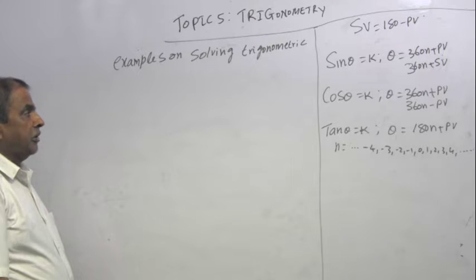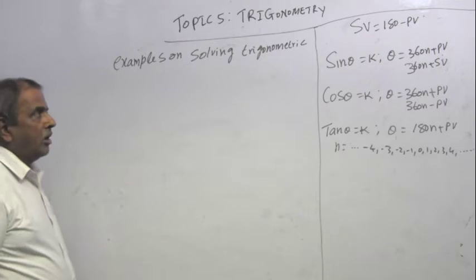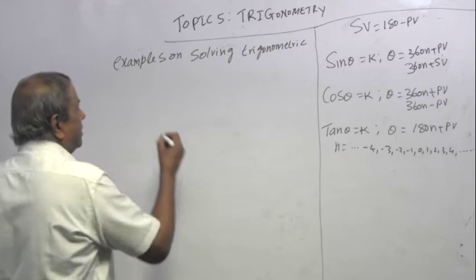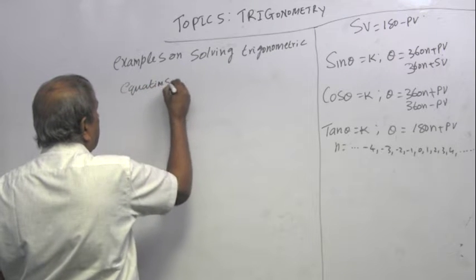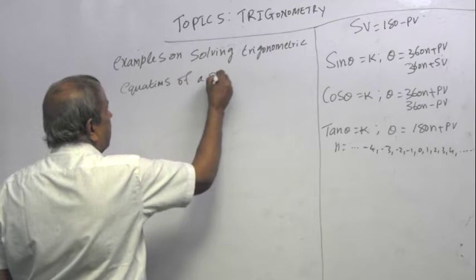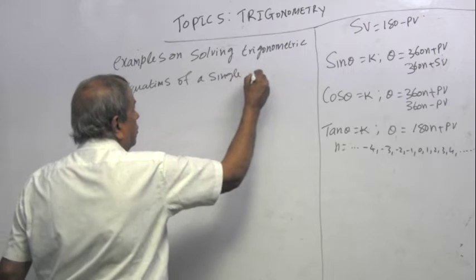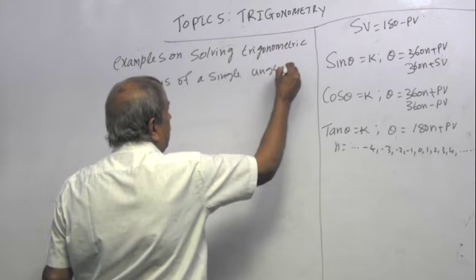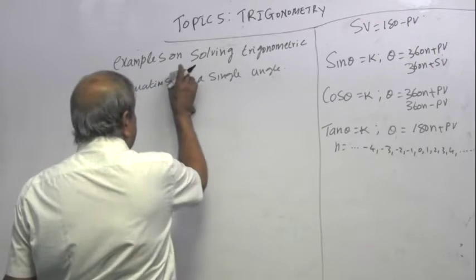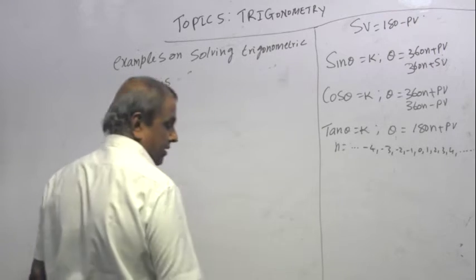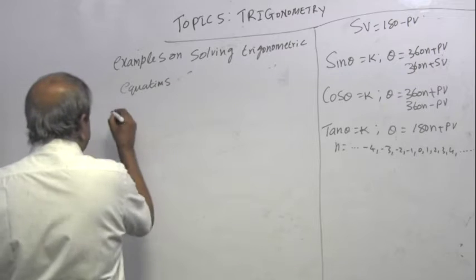If the general solution is there, you can use that, or minus 1 power n. Equations of a single angle. Later on, I'm going to use the same method for double angle and so on. Let's not write it as a single angle because I might do the other equation. That's it. Let's take example 1.